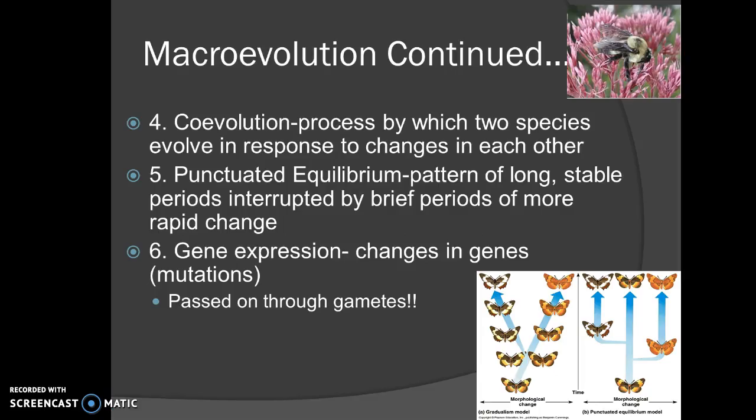Coevolution, this is when two species actually evolve together, with each other, because of a relationship they have together. So a beautiful example is bees and the flowers that they pollinate. Okay, they will evolve together.